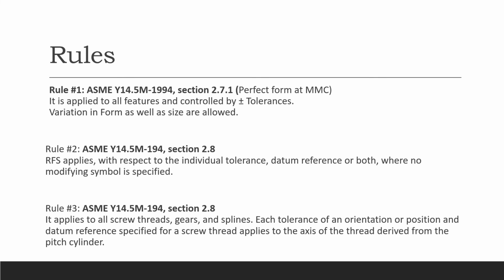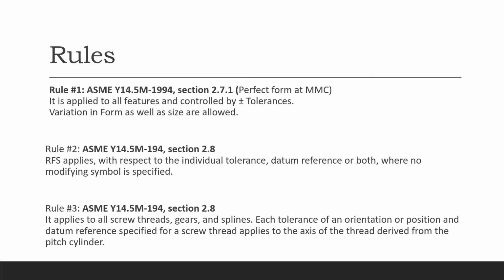So for rule number one, we follow this group called the ASME, and here this is just a code. You don't have to remember anything. Most of the rules come with a year and a section. So you go to Y14.5, this category M, in 1994, way before you were born.